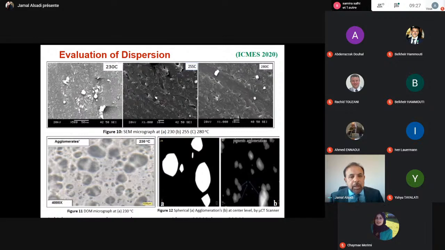So basically, when we are increasing the temperature, as you see, here a lot of agglomeration. You see, when we increase the temperature, the agglomeration is showing much less.